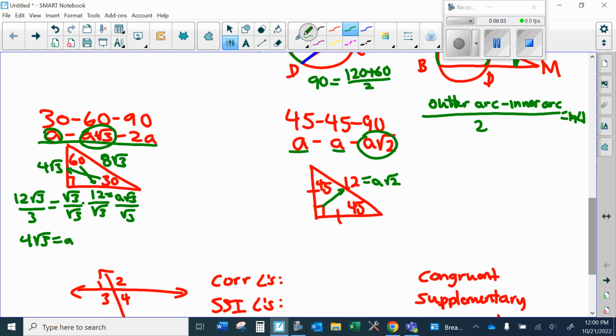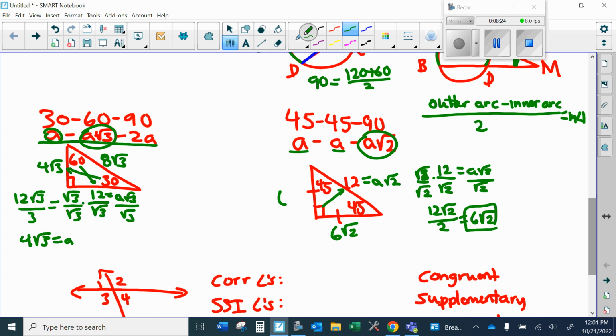Okay, so I now need to, let's do the work over here. I need to divide by root 2. Then I need to rationalize it. Root 2, it's always multiplied by the same number. So I get 12 root 2 over 2, which then simplifies down to 6 root 2. So each of the 45-degree sides is 6 root 2.